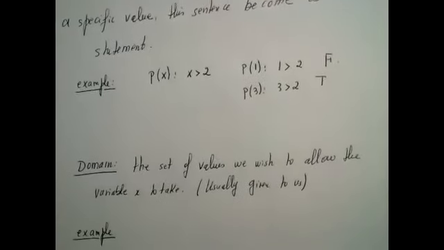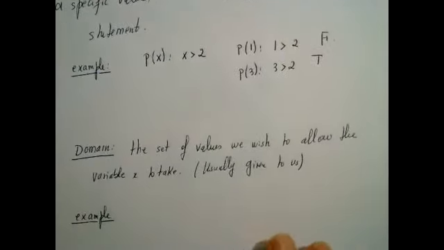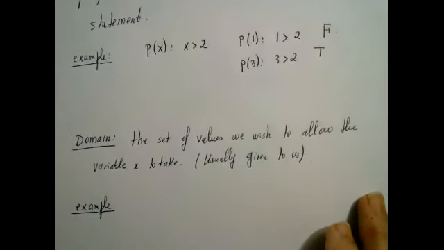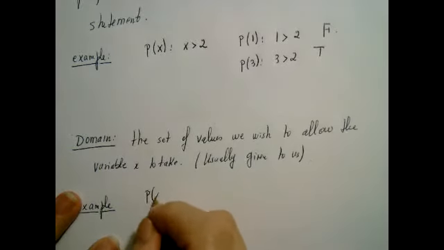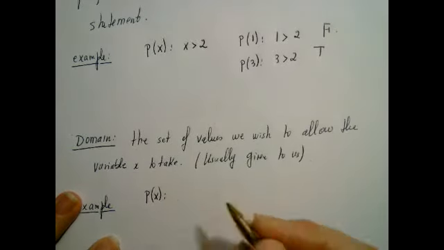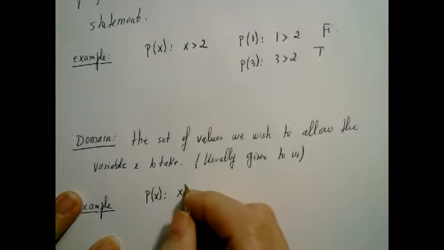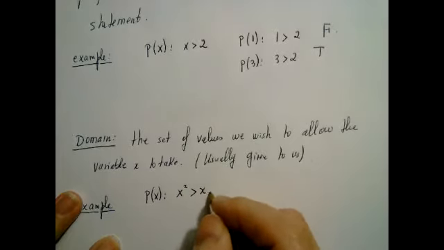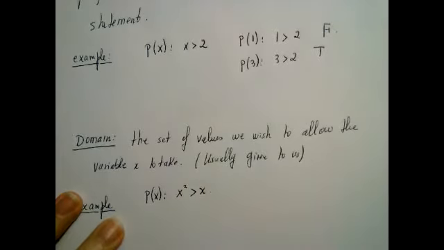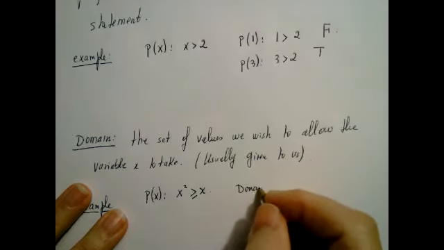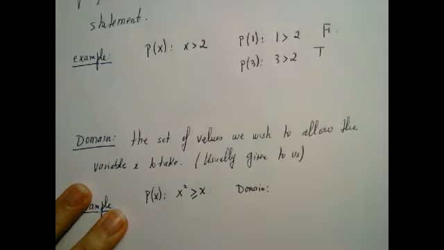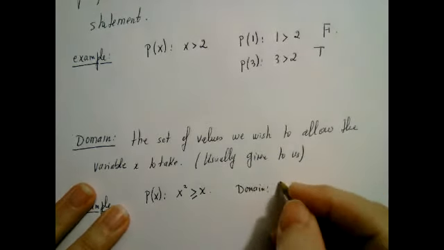And what's the importance of the domain? The domain plays a very important role. Suppose I take the predicate p of x, for example, x squared larger or equal to x, and I take for domain all the positive integers.